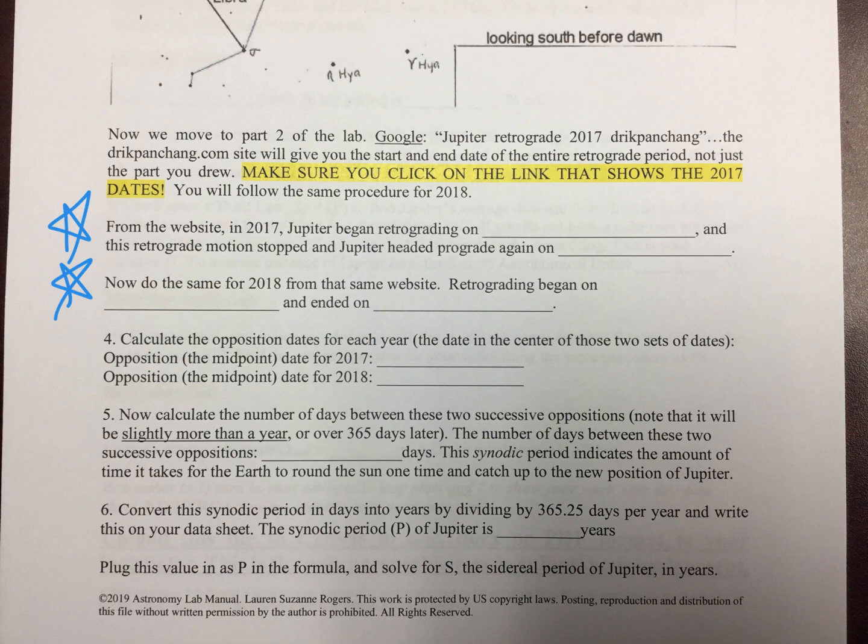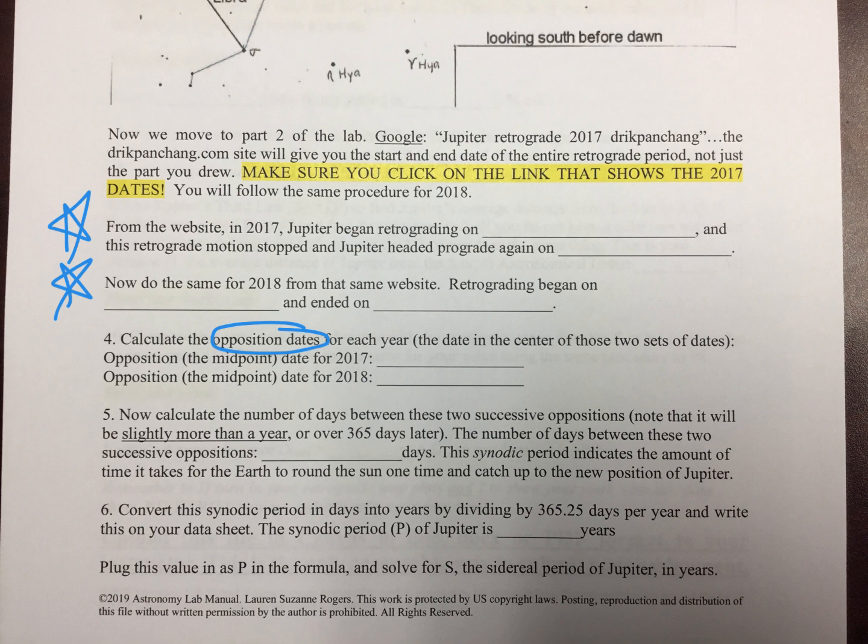Now calculate the opposition dates. The opposition date is the name for the halfway point in that retrograde period. Basically, calculate which date is in the exact middle between the two dates you have for each year. For the rest of the lab, you will step through a few math problems.